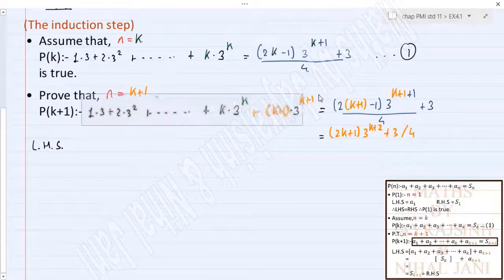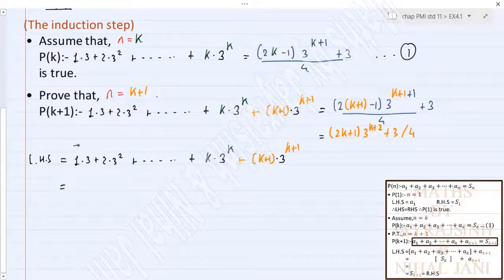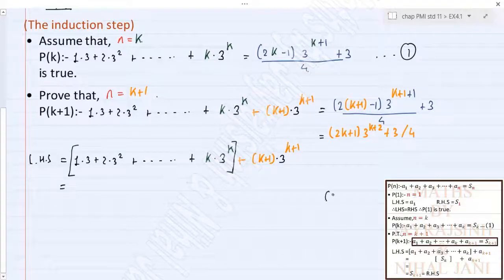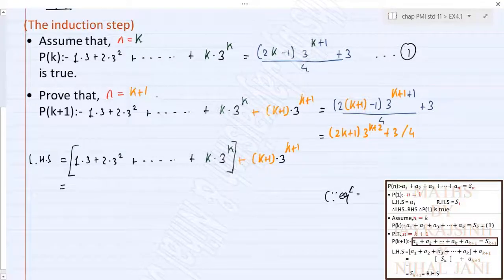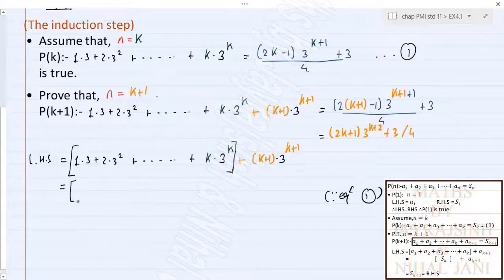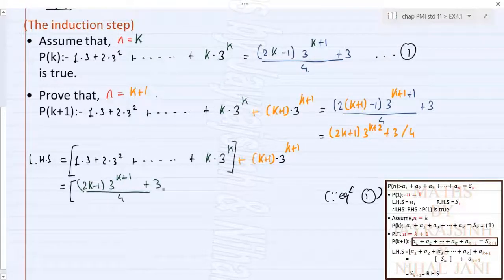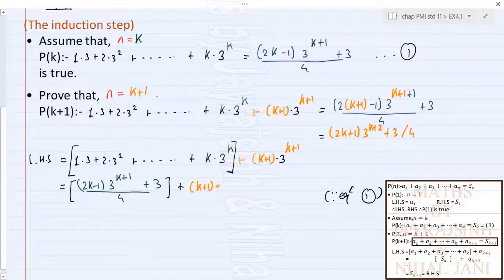Let's begin from the left hand side. We already know the summation of the first to kth term, which is given in equation number 1. It will be (2k minus 1) into 3 raised to k plus 1, plus 3, whole divided by 4, and your k plus 1 into 3 raised to k plus 1 will be as it is.